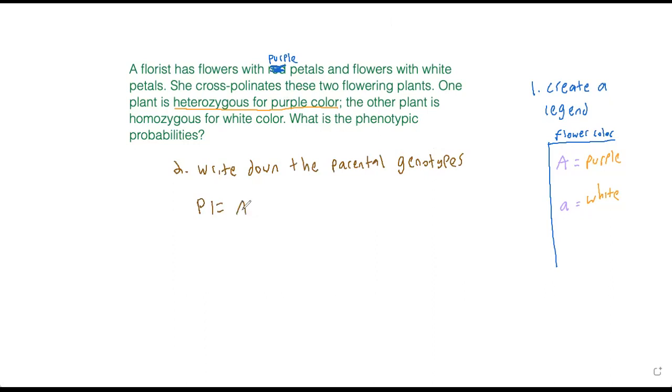So we're going to use big A and small a, because recall that each organism has 2 alleles for the same trait. And we put an X to mean cross with this flower that is white. So we've already established that white is our recessive allele, and we also talked about that in order for the recessive phenotype to be displayed, 2 recessive alleles must be inherited. That's the only way that the recessive phenotype can be displayed, if the organism has inherited 2 recessive alleles.